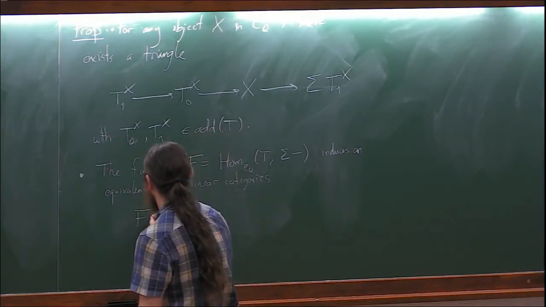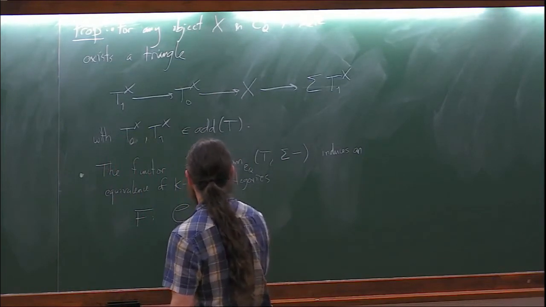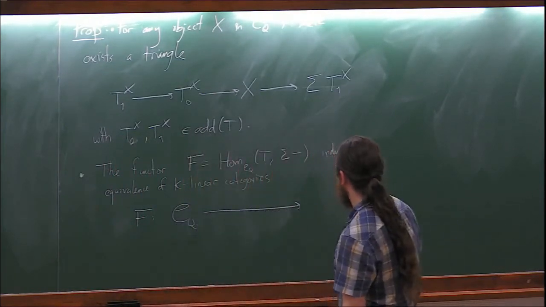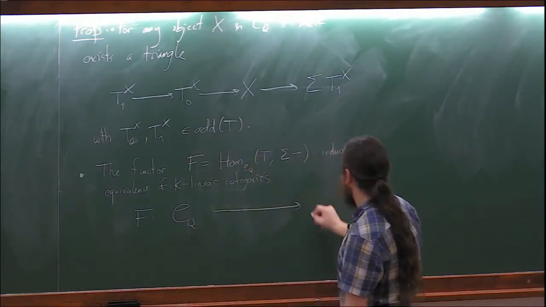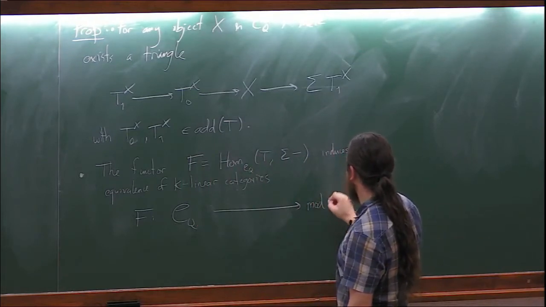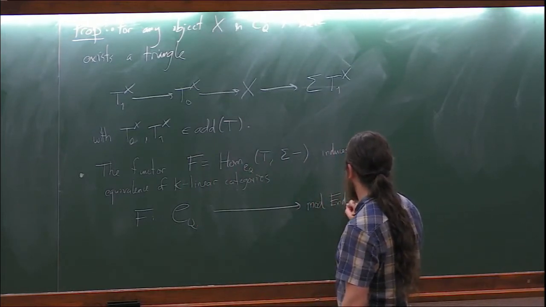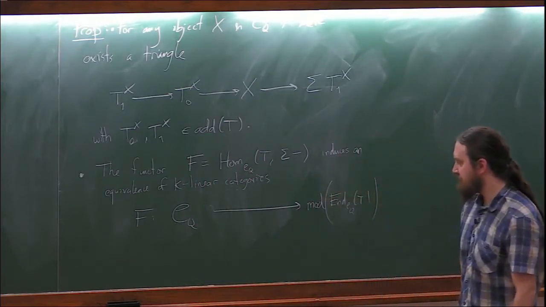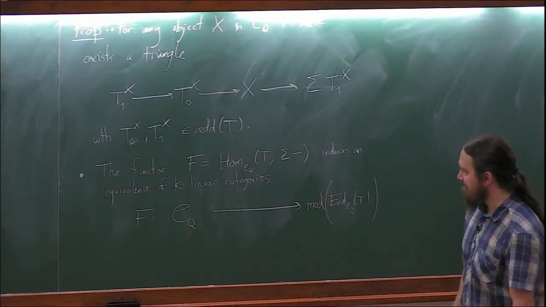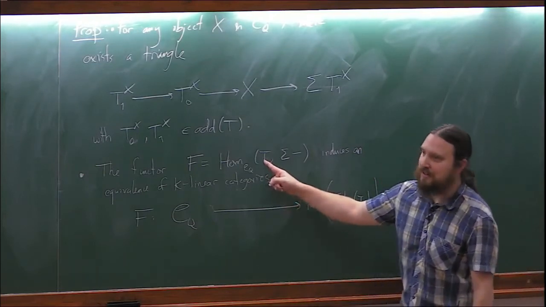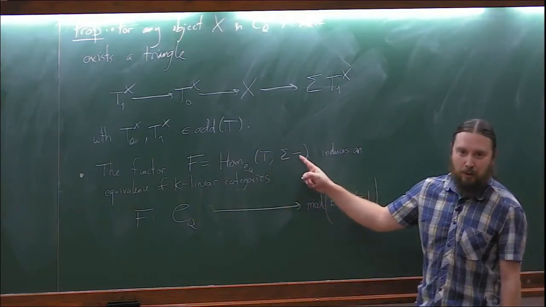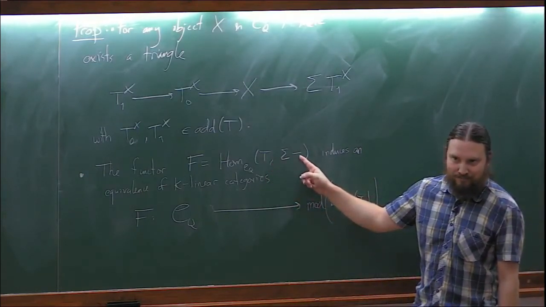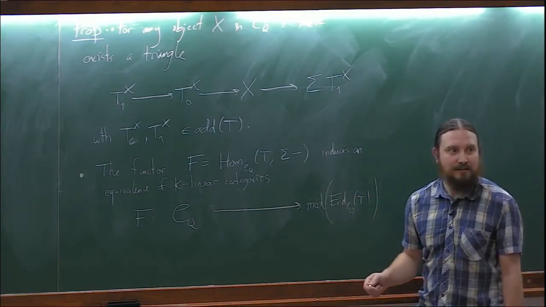So F goes from C_Q into the category of right modules over the endomorphism algebra of T. Yes. And since T is rigid, T is sent to 0. And this defines the kernel of this functor.